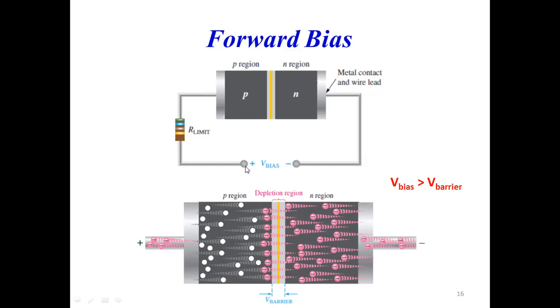As I am connecting positive potential to holes, which also have positive charge, what will happen? These holes will be repelled from this terminal. Similarly, the electrons will get repelled from the negative terminal. And the electrons will enter the P region and holes will enter the N region. The same thing is shown here.